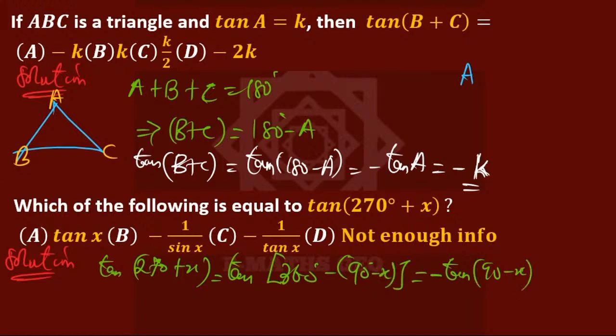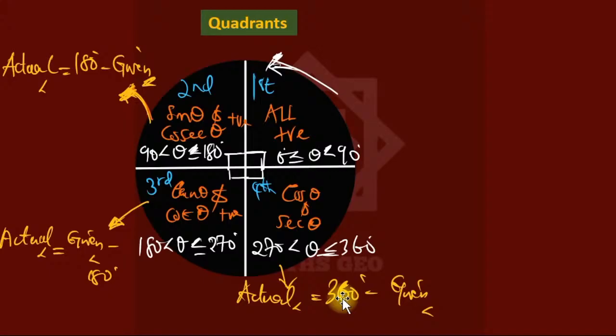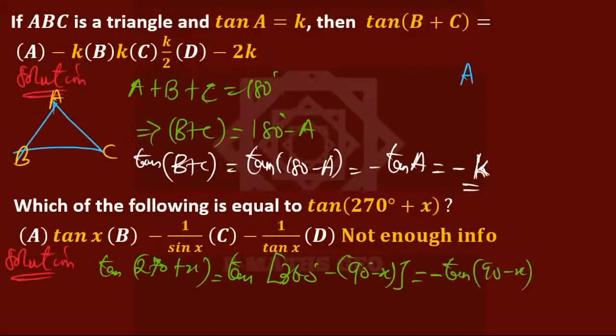From the quadrants, the actual angle is 360 minus the given, and tan is negative. Only sec and cos are positive in the fourth quadrant; others are negative. So this is the same as minus tan (90 minus x).